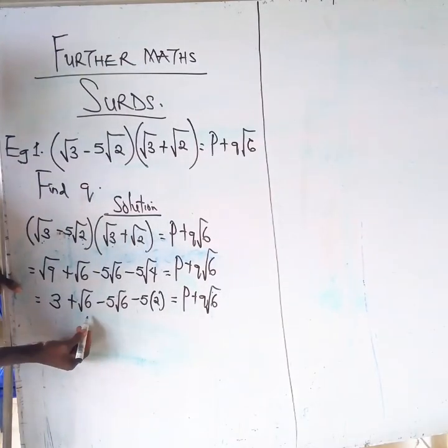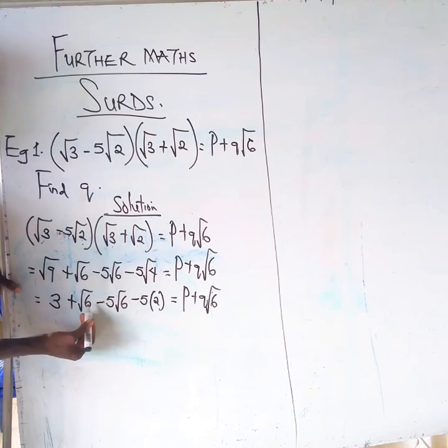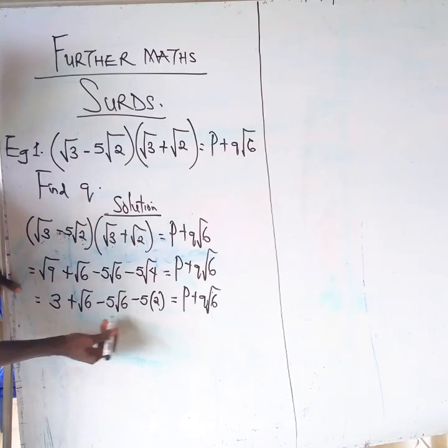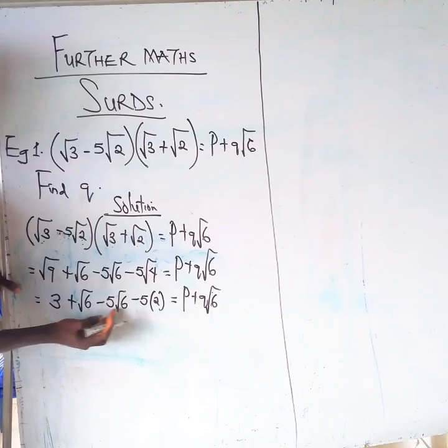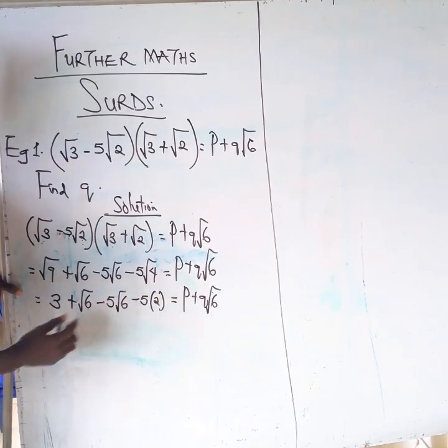Now, you notice that this is 1 root 6, because root 6 is essentially saying 1 root 6. So you have positive root 6 minus 5 root 6. They are the same because they have the same root, so we are going to group them together, then we work on the other ones outside.